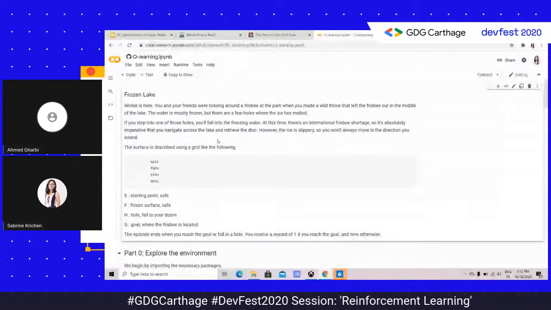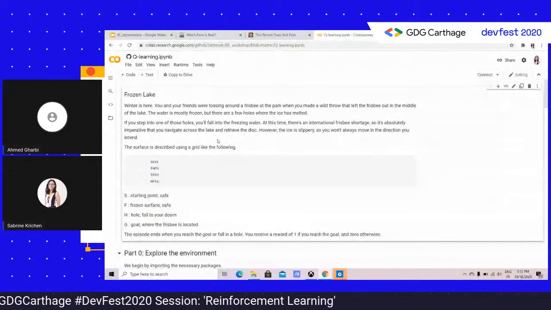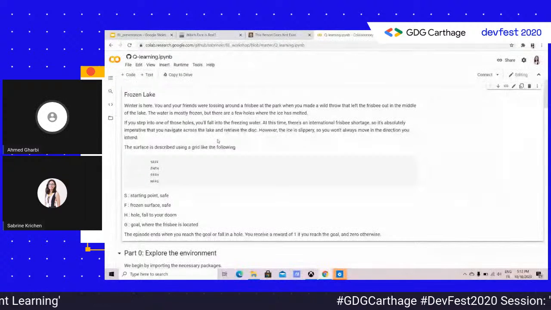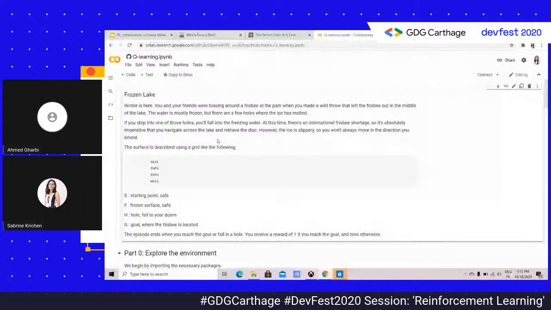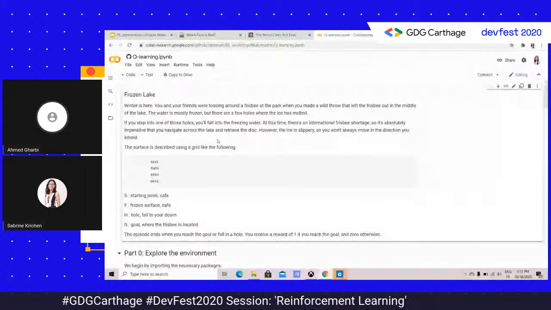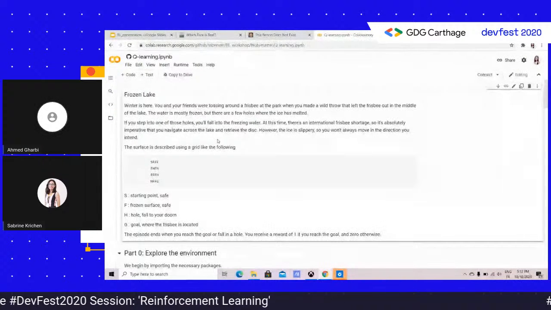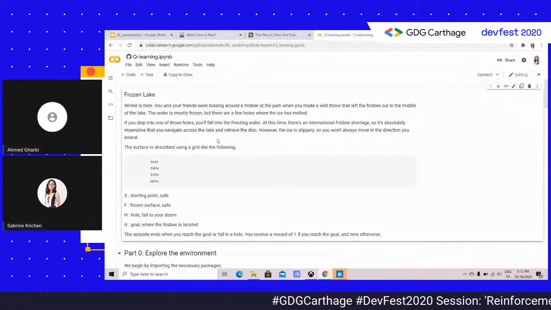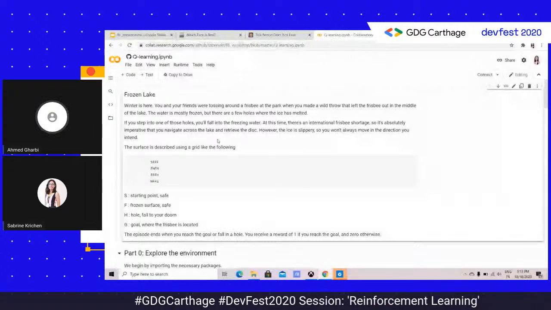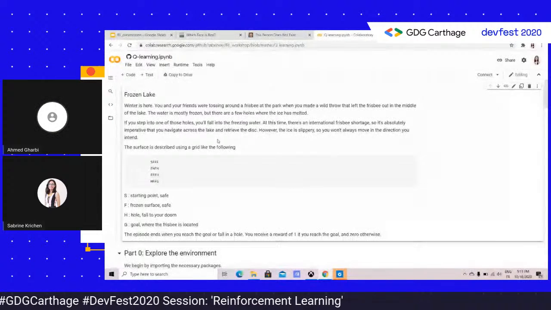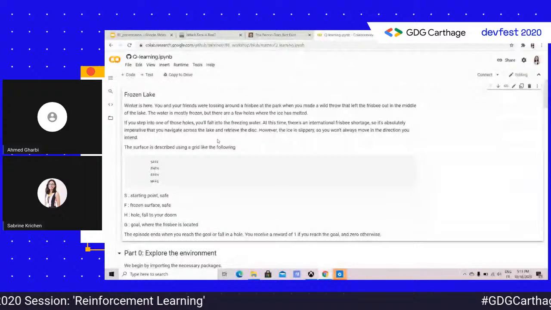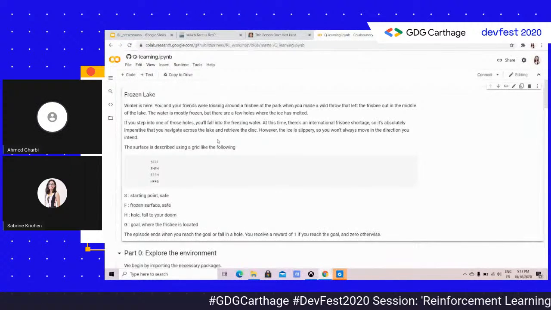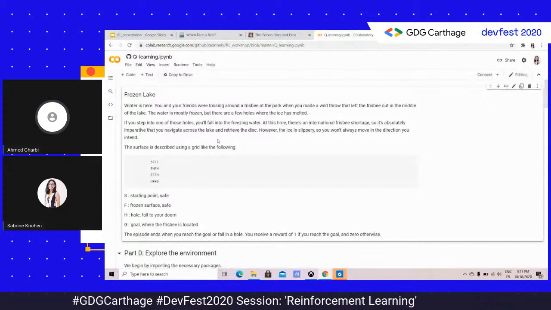The first one is the start state. It is the state in which our agent will start. Then there are other states like the F. F means that the water is frozen, so our agent can walk on it. And there are other states called H, which represent a hole. Our agent will try to reach its goal, which is represented by the letter G. And the problem is that the floor can be slippery.